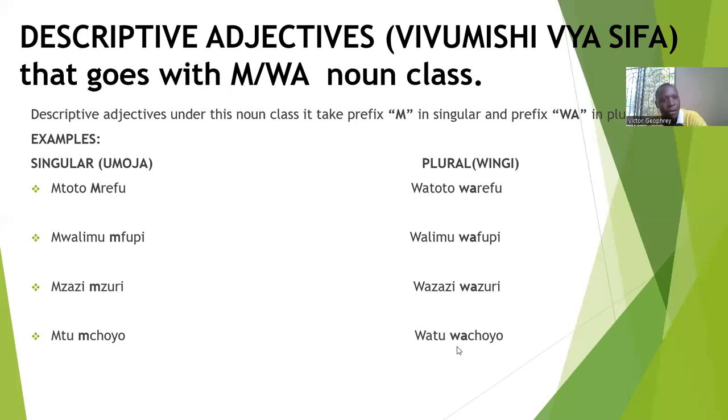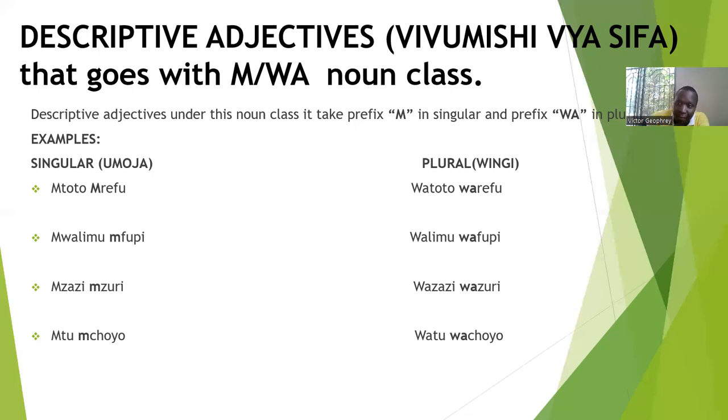The most important thing to know here under descriptive adjectives is that you need to know different words that are used in describing. That's the assignment you have to take. After knowing those different words, you will just use this principle.